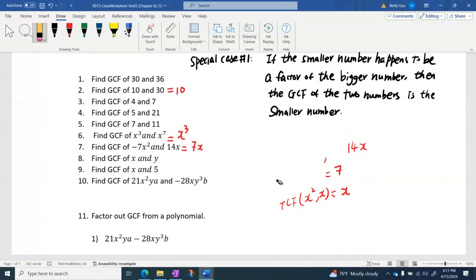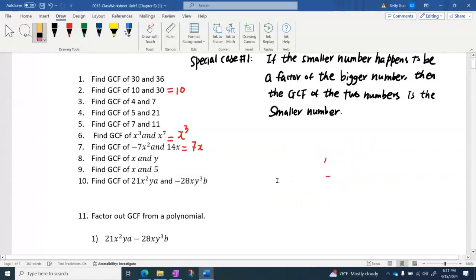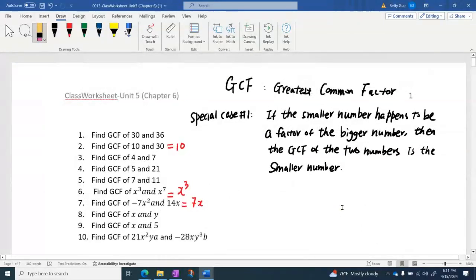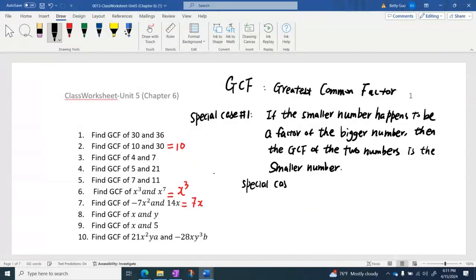We also have a second special case. In that case, the two quantities we are looking for the GCF for are co-prime. Let me write down the second special case. Special case number 2.